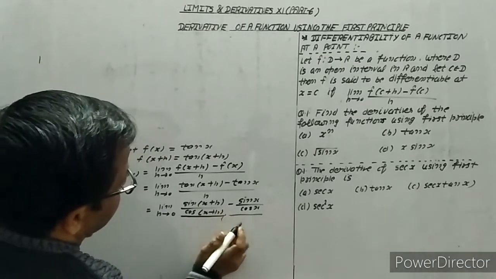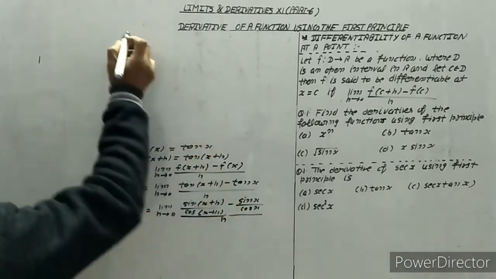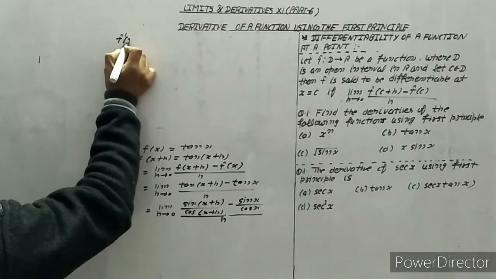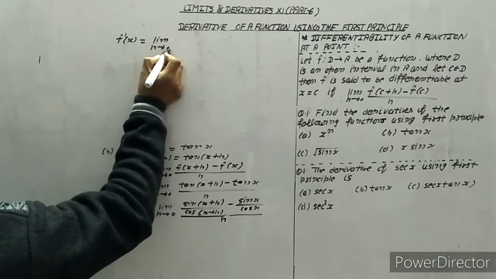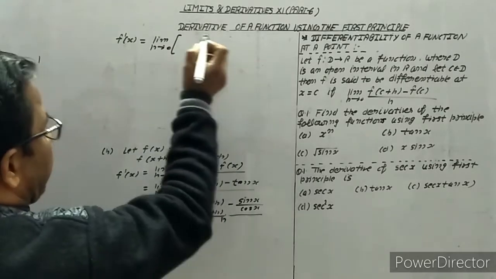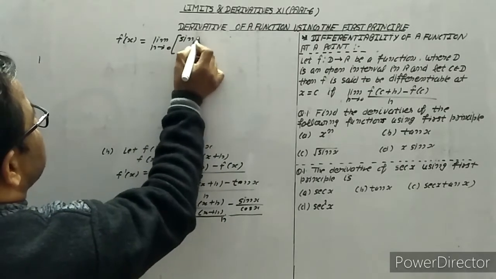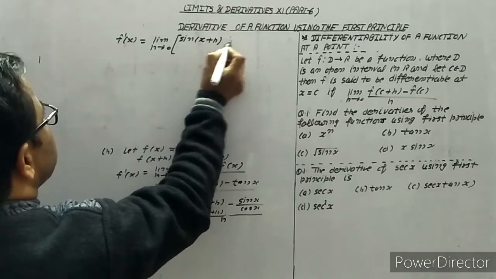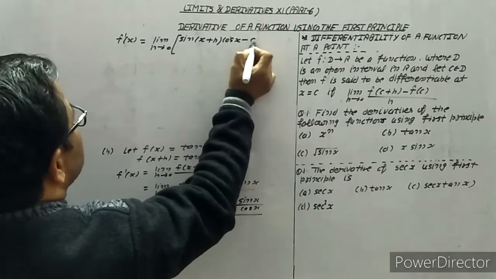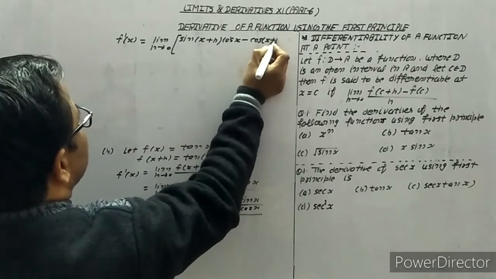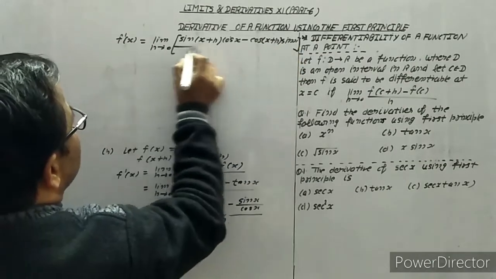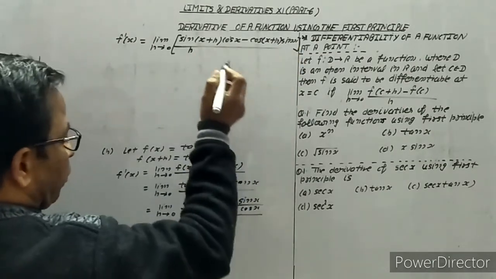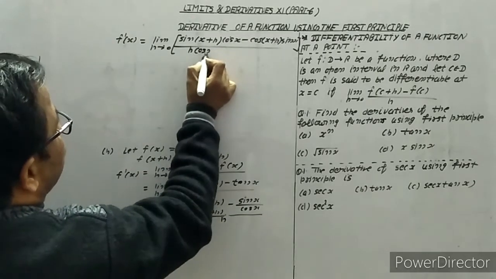Now once we take the LCM, after taking LCM, this becomes f dash x equals limit h tends to 0 of sin(x plus h) cos x minus cos(x plus h) sin x, and in the denominator we have h into cos x into cos(x plus h).